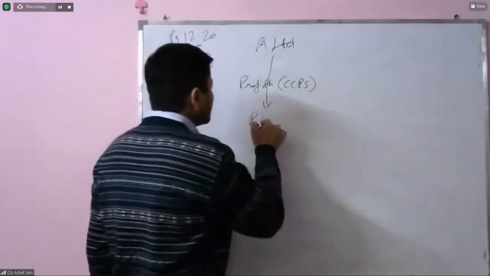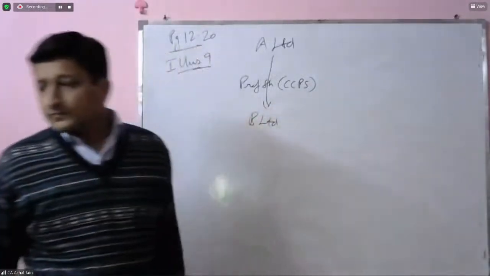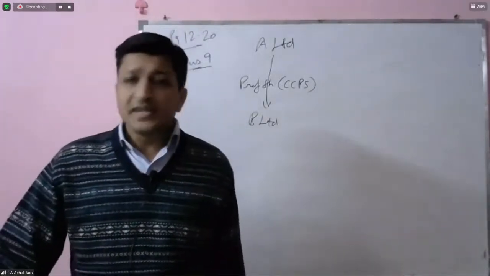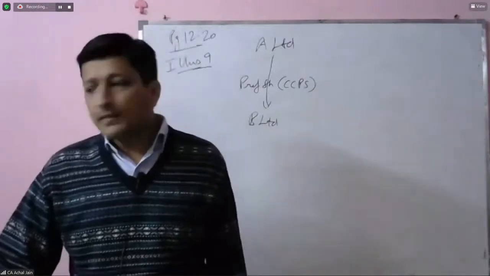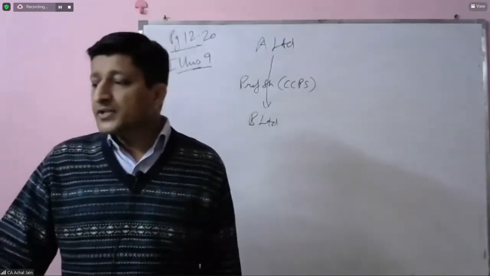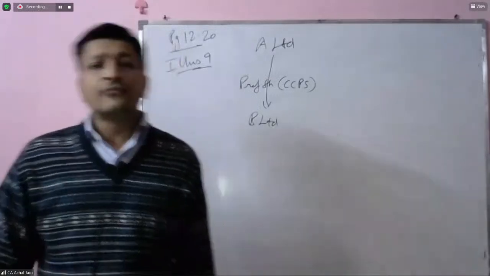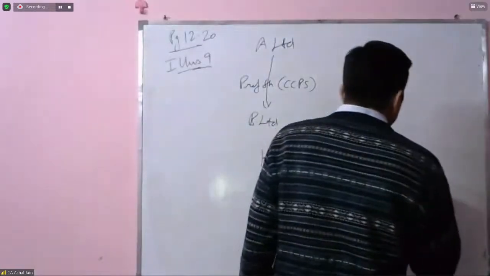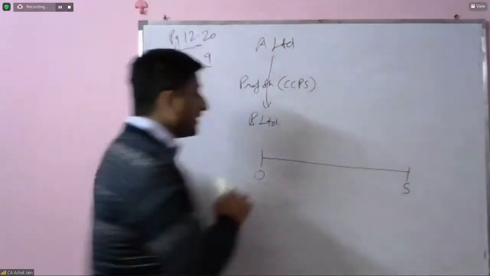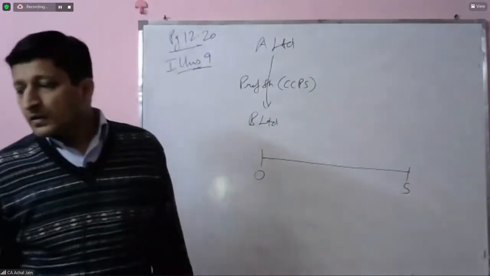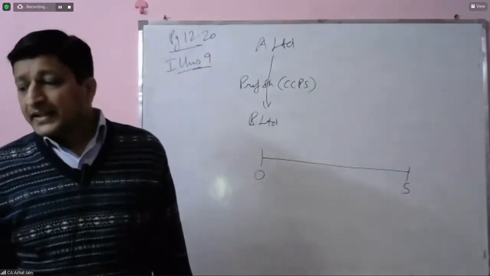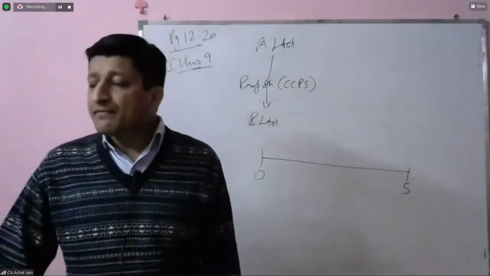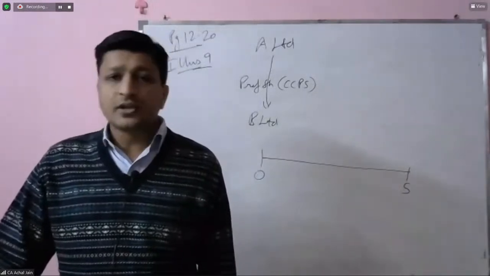Subsidiary is B Limited. Under the terms of the instrument, each CCPS is compulsorily convertible into one equity share of B Limited at the end of 5 years. So in the 5th year, this conversion will happen. Such CCPS carry dividend at the rate of 12% per annum, payable only when declared at the discretion of the subsidiary.